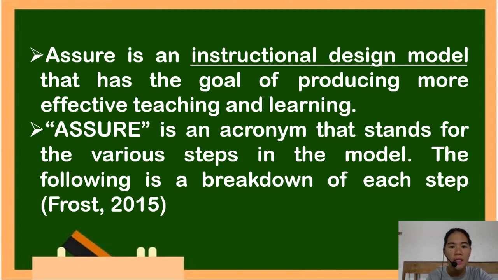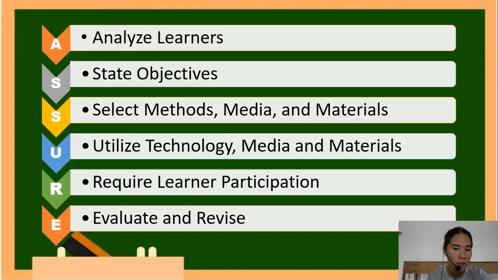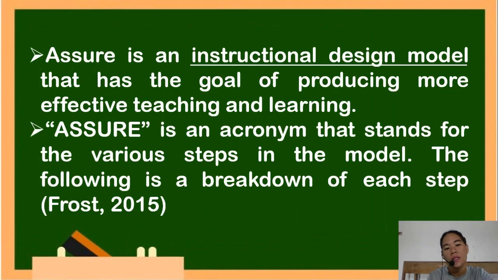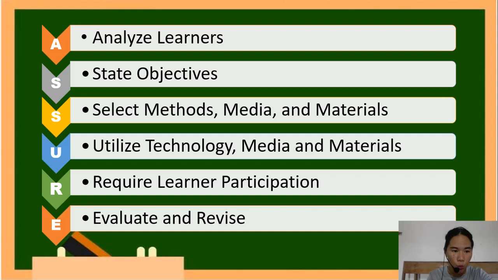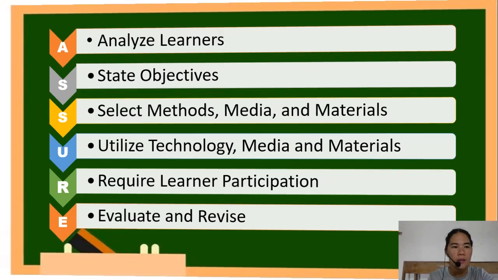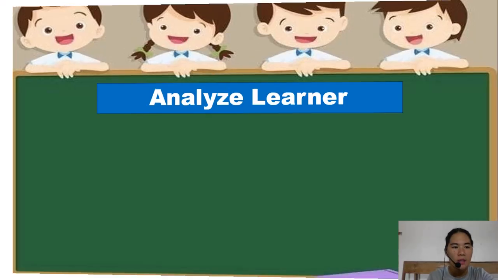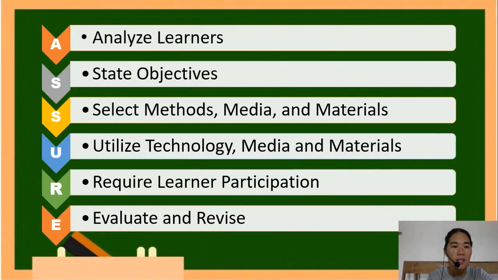So Azure is an acronym that stands for various steps in a model. The following is a breakdown of each step by Frost 2014. I have here Azure, the acronym of Azure model. A stands for Analyze Learners. The first S is State Objectives.